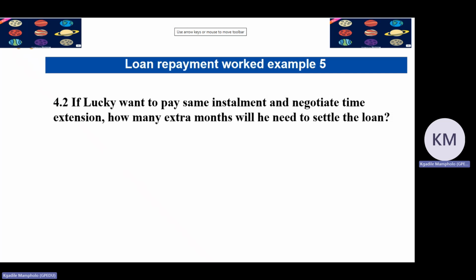After he has missed the 42nd payment, he was left with 42 months. We want to check how many extra months on top of the 42 left will he need to pay the same installment to cover for his arrears.